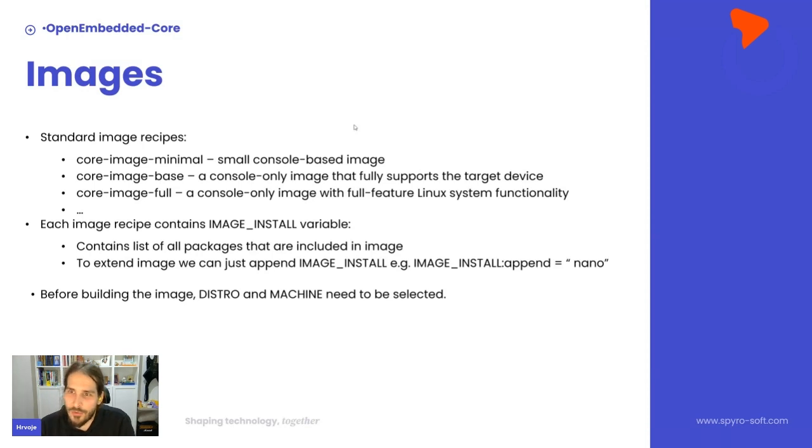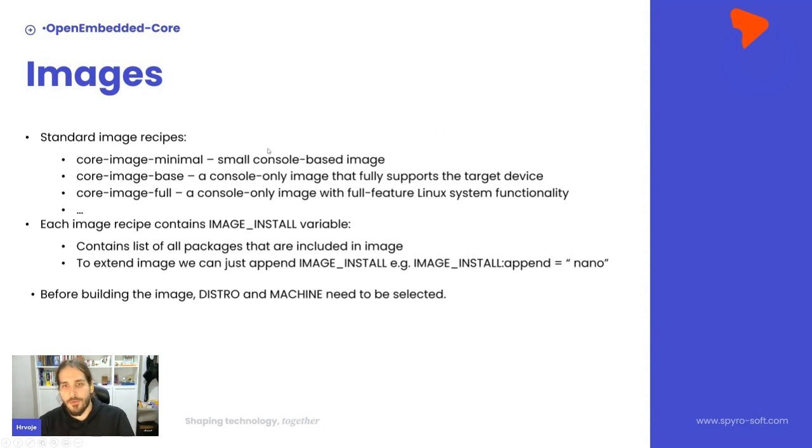So everything that you define that your device has, this image should support it. And also core image full, that's again another step more. So we have a full-featured Linux system functionality. Whatever that means.